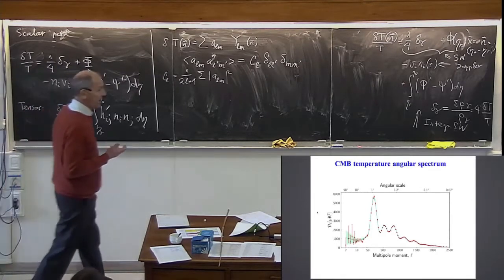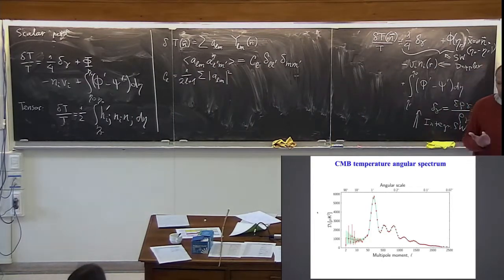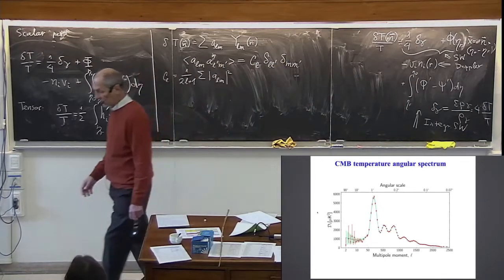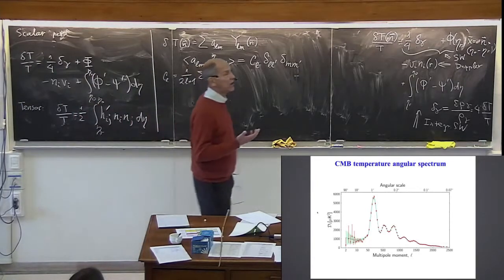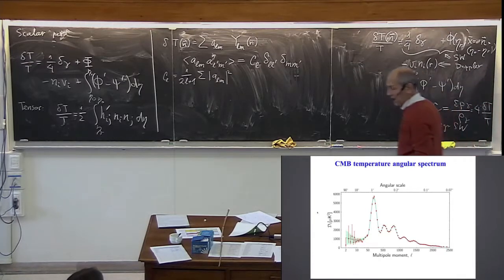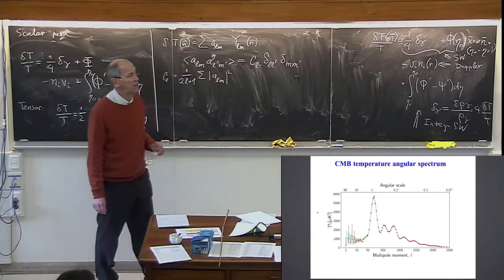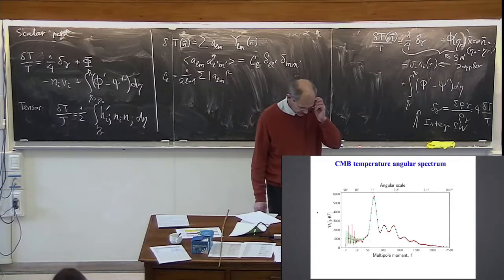The fact that you have a finite amount of data, one universe, and only a handful of harmonics, especially for low L, puts restrictions on what you can in principle do, and that often restricts the information that you can dig out from this figure.